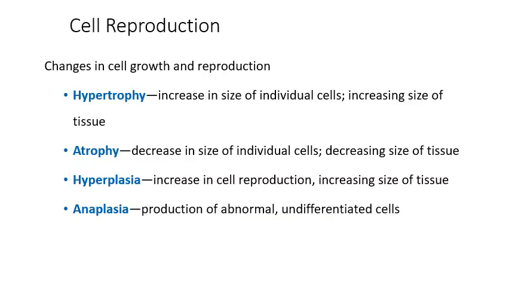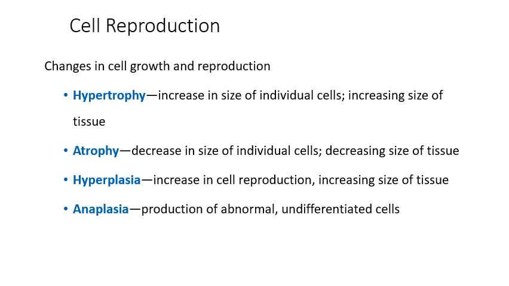Okay, a little bit of terminology associated with cell reproduction. Hypertrophy is increasing the size of an individual cell. Hyper means more, troph refers to growth, so basically overgrowth of a cell is just getting a little too big. Atrophy is when a cell decreases in size. It gets a little bit smaller, it starts to shrink.